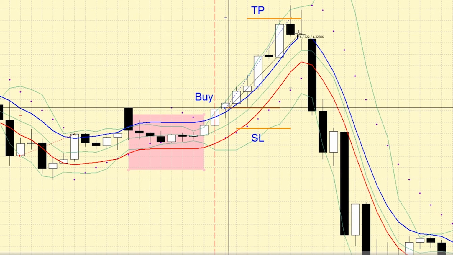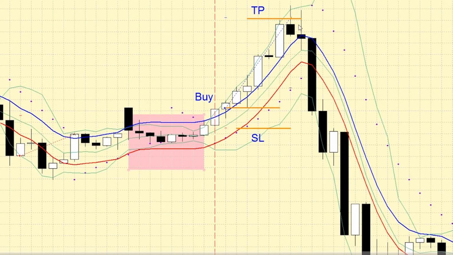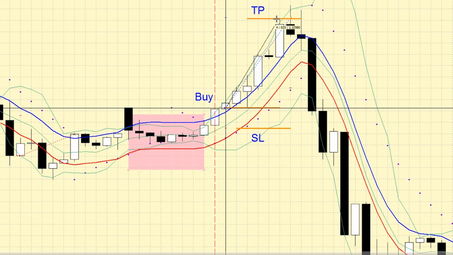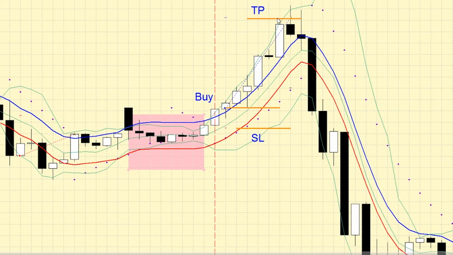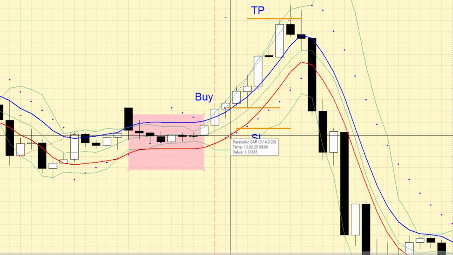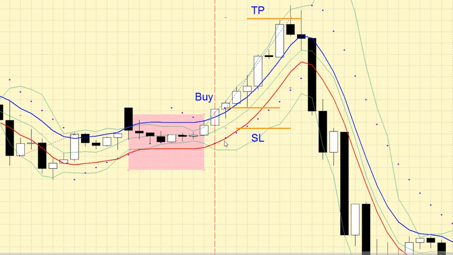For the stop loss, we place it either below the red line of our indicator, or as the second option within up to 20 points. We see that the minimum stop loss value is 10 points, and for 4-digit brokers the maximum is 20 points.